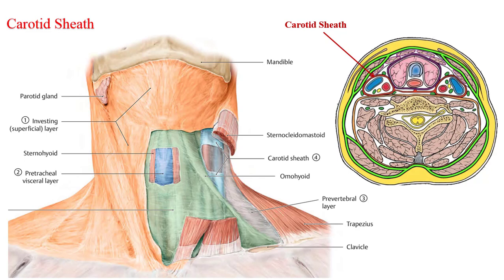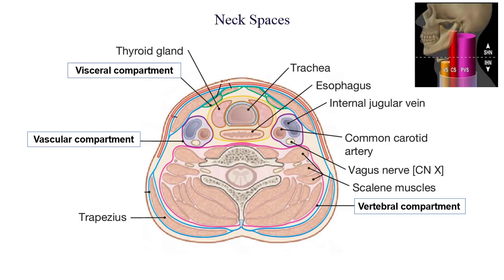So, as you saw, the structures of the human neck are anatomically grouped by dense layers of deep fascia into four spaces or compartments. The vertebral compartment contains cervical vertebrae and postural muscles.